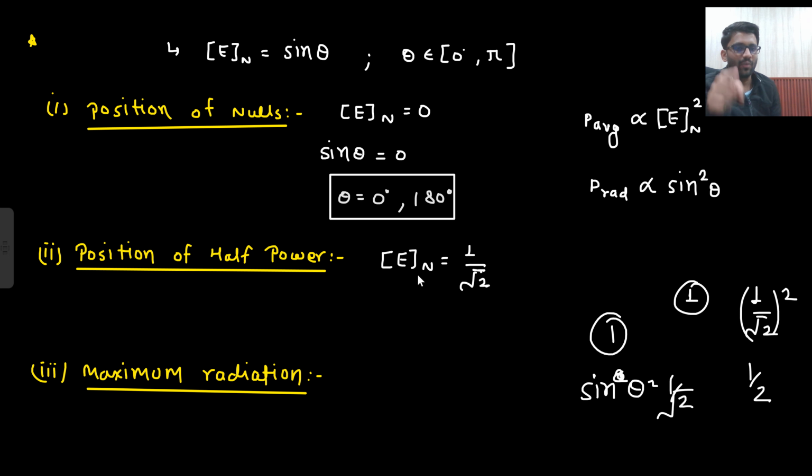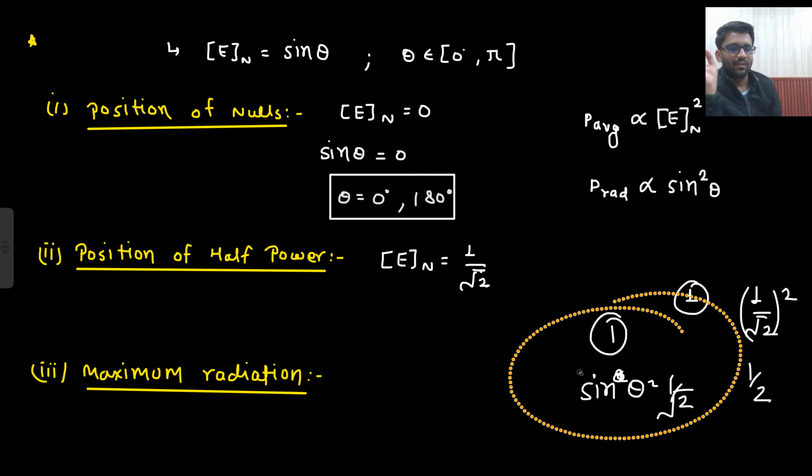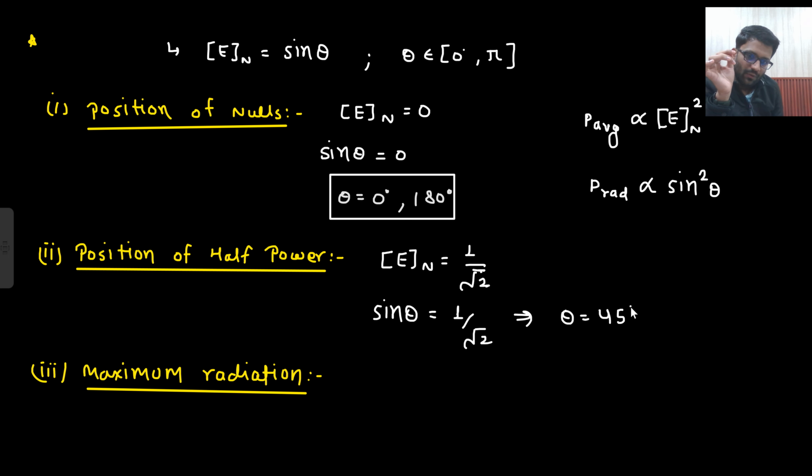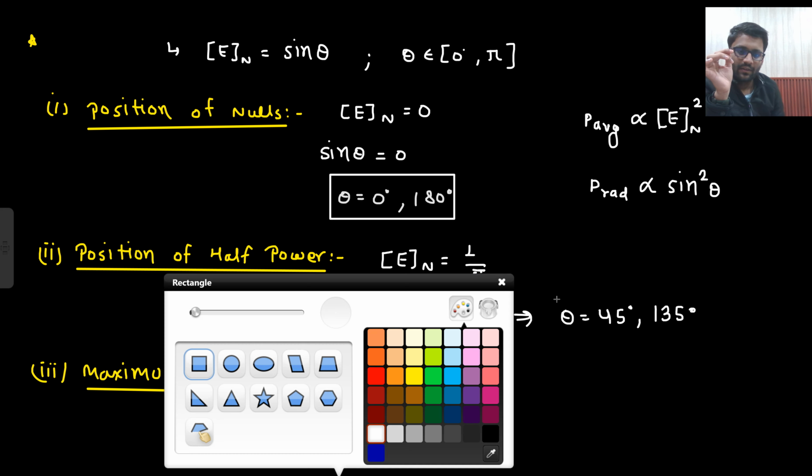So normalized value of electric field should be kept as 1 by root 2. If I need to find the half power position, that should be 1 by root 2. So sin theta should be equal to 1 by under root 2. So from here, theta is equal to 45 degree and 135 degree.